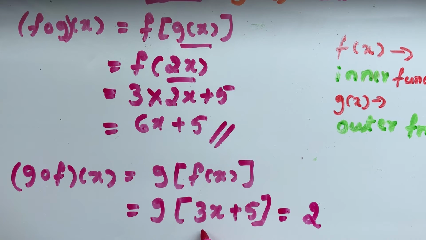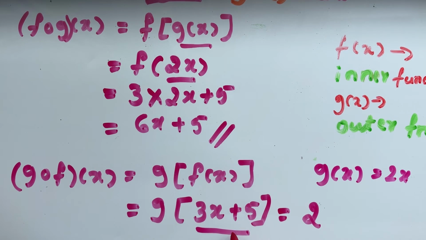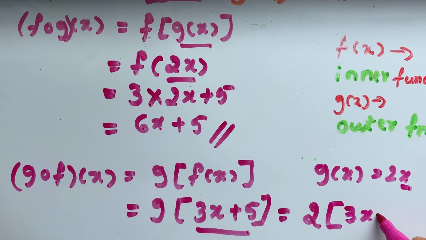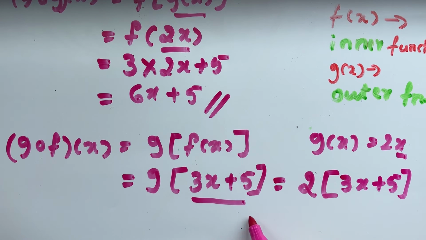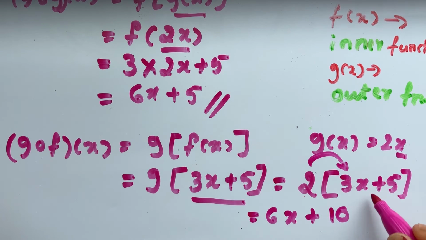So in place of x, you have to replace 3x plus 5: 2 times 3x plus 5, which is 6x plus 10. 2 times 3x is 6x, plus 2 times 5 is 10. G composition f of x is 6x plus 10.